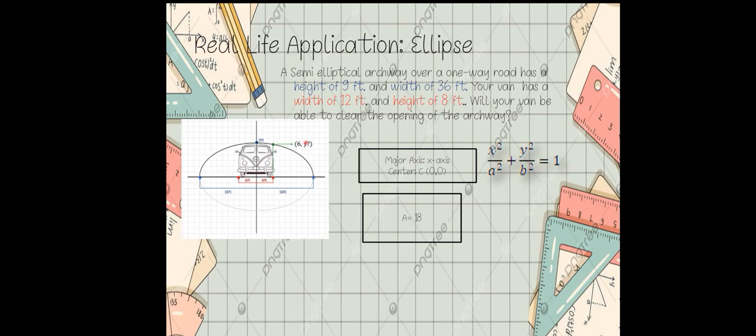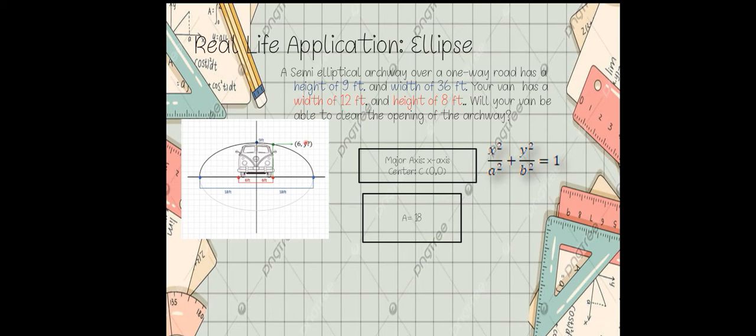Now, once we figured out the equation we'll be using, let's get the given values that will be substituted into this equation. First is the a, which is the distance from the center out at the major axis. So the value is going to be 18, or half of the major axis.